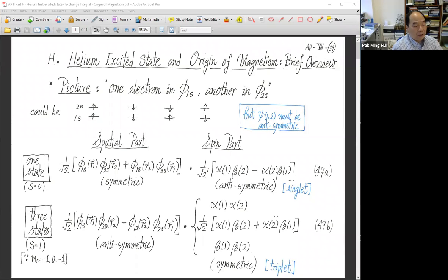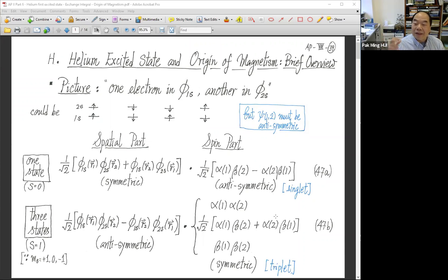The next one is about the helium excited state. This section serves two purposes. First, we just did the ground state. Why not discuss the excited state?